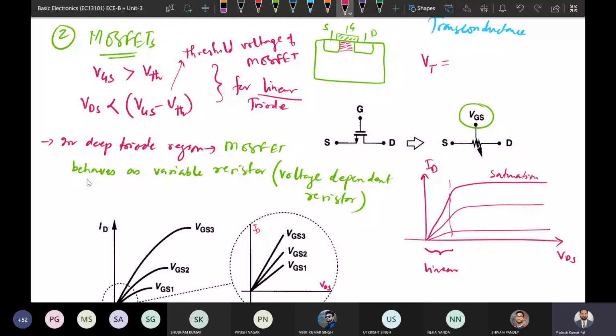If this is the case, then it is called the deep triode region. So deep triode region will be the region where the MOSFET will be behaving like voltage dependent resistance.